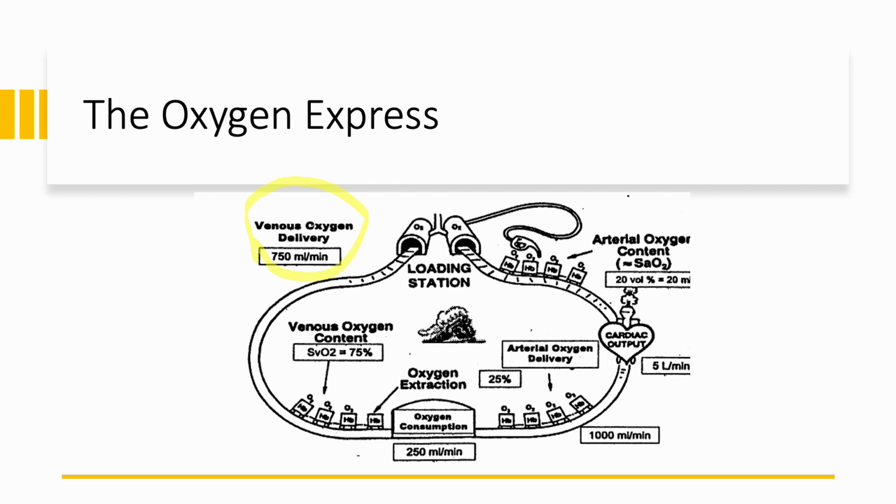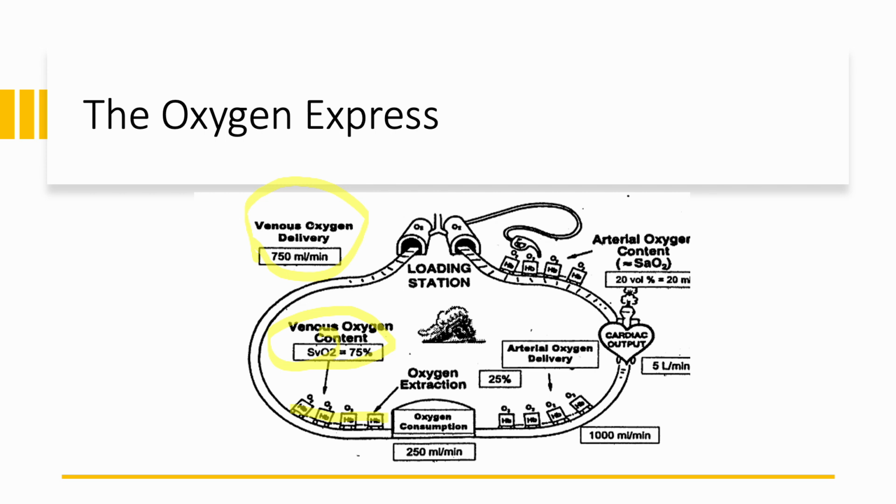The SVO2, which is your venous oxygen content, is the oxygen saturation of the blood returning to the heart after passing through tissues, with a normal value of 75%. This shows how much oxygen the tissues did not use.